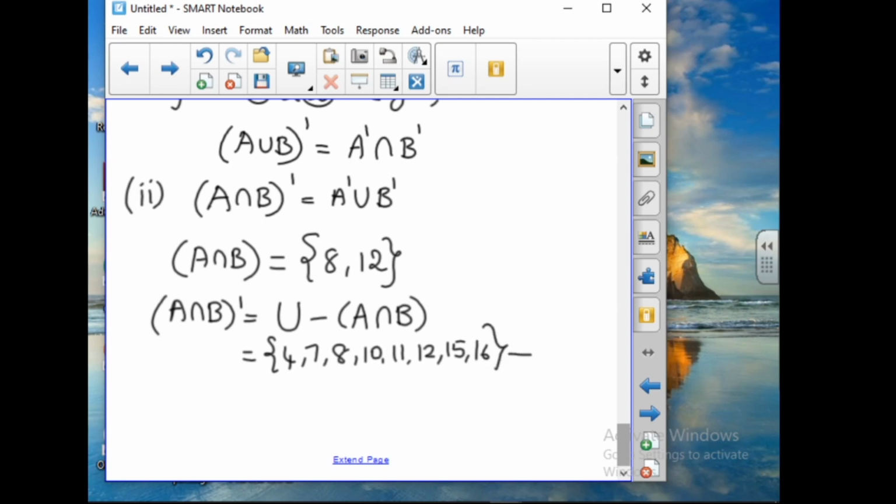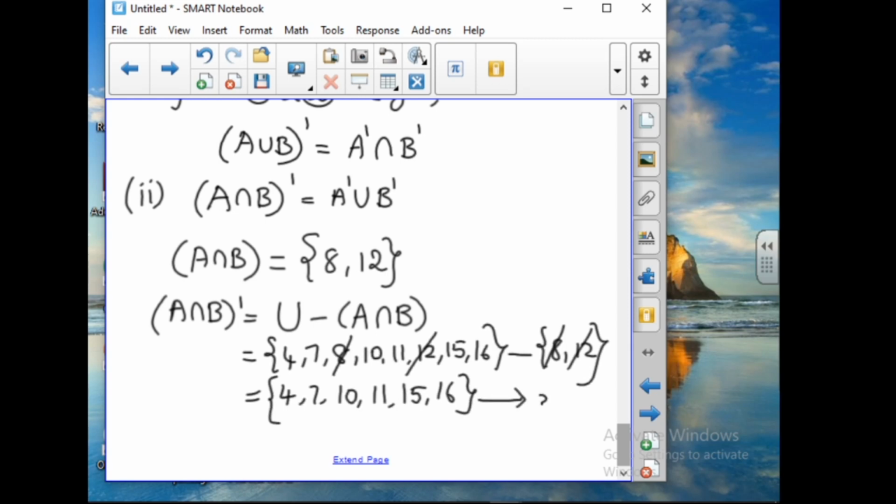Okay, that A intersection B is 8 and 12, so you can eliminate the 8 and 12 elements. So what do you get remaining in the first set? 4, 7, 10, 11, 15 and 16. Okay, this is your equation number 3.